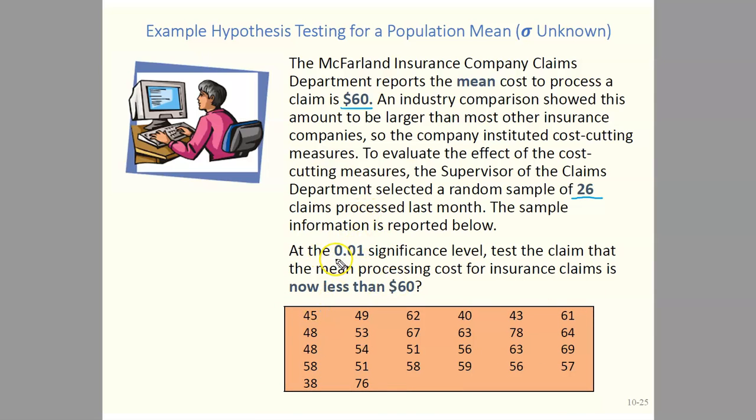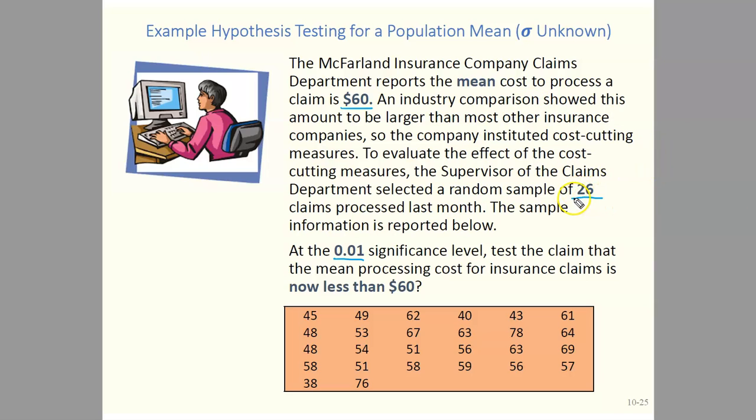Now, at the 0.01 significance level, let's test the claim that the mean processing cost for insurance claims is now less than $60. So that's what we want to set up. We want to set up a hypothesis test for this. So we have to identify all of our variables in this problem.